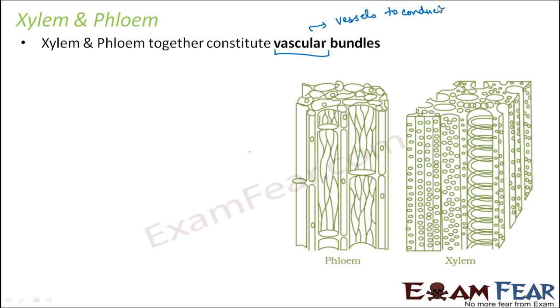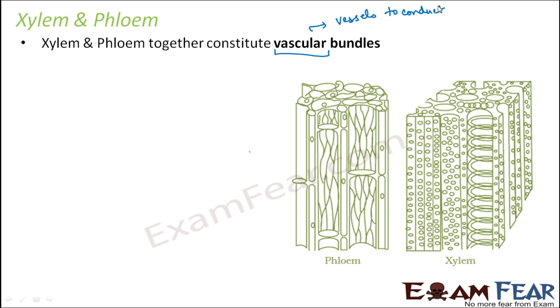It is primarily brought into the plant through the roots, but it is needed by leaves, stems and other parts as well. So we need some vessels which will help in conducting food, nutrients and water to different parts of the plant. These vessels are nothing but the vascular bundles, that is xylem and phloem.